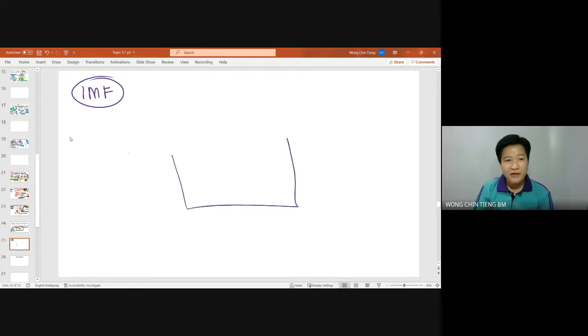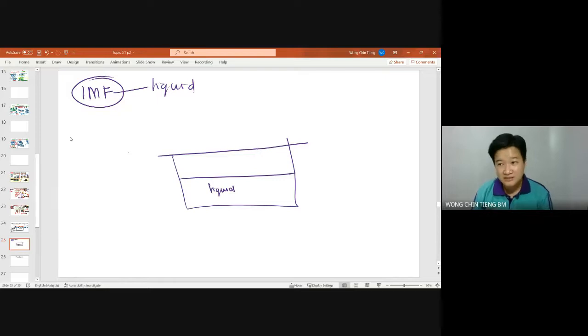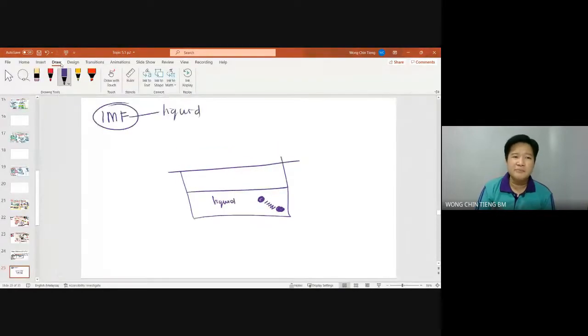By the way, the intermolecular force of attraction is in the liquid. So you have your liquid, in a closed container, closed system. The intermolecular forces that we are talking about is the one in your liquid. Just very quick and very simple. Imagine the attraction is high, the intermolecular forces are very, very strong.